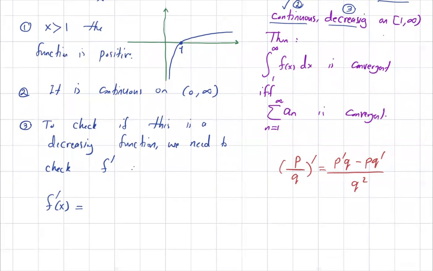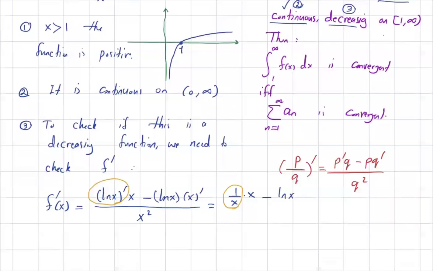So this is the derivative of ln of x, which is 1 over x, times x, minus ln of x times the derivative of x, which is 1, everything divided by x squared. So f prime of x is equal to 1 minus ln of x divided by x squared.